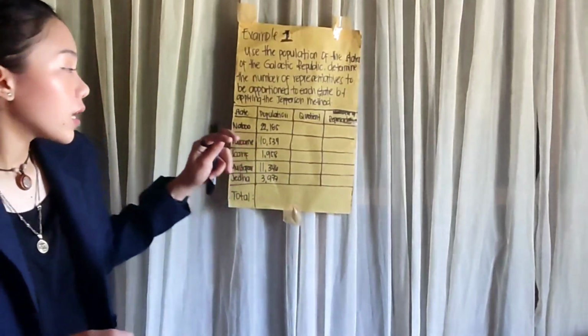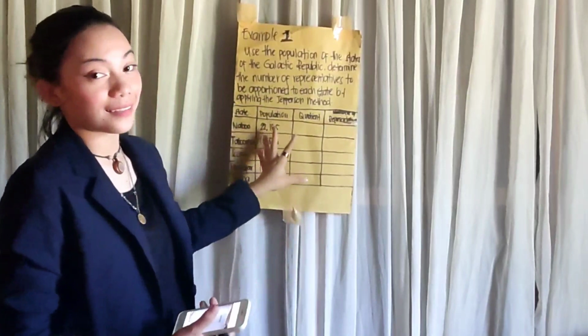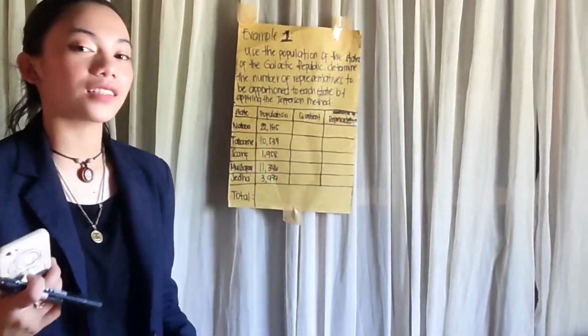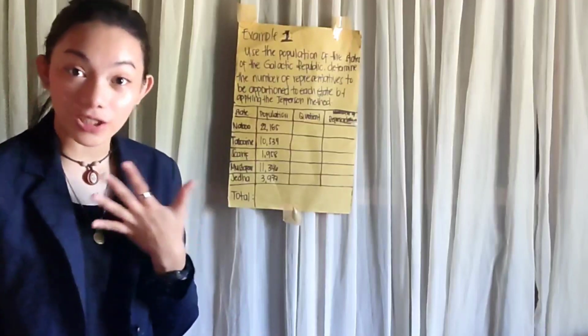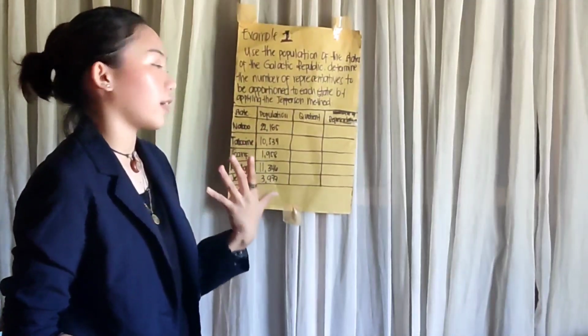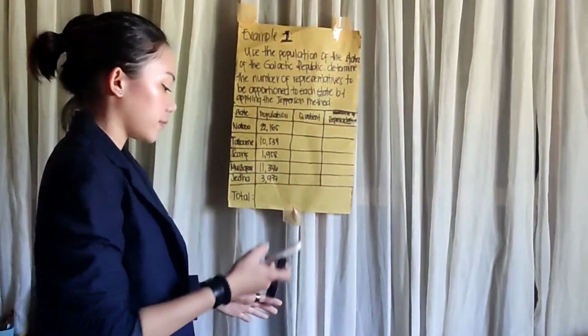You will use this data to find the number of representatives of each state of the Galactic Republic using the Jefferson method.